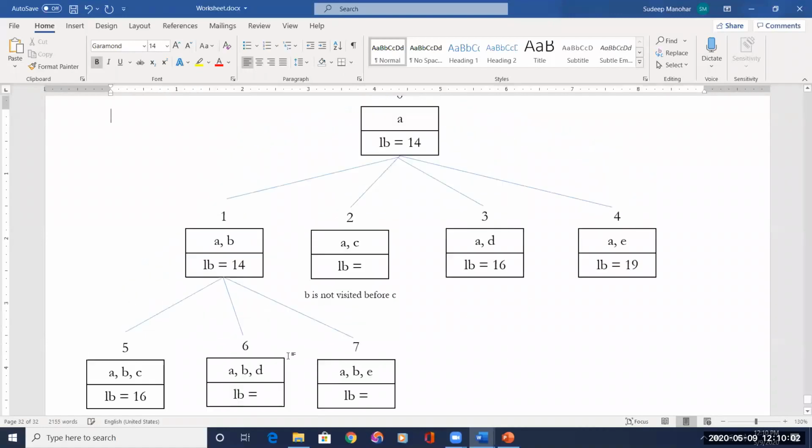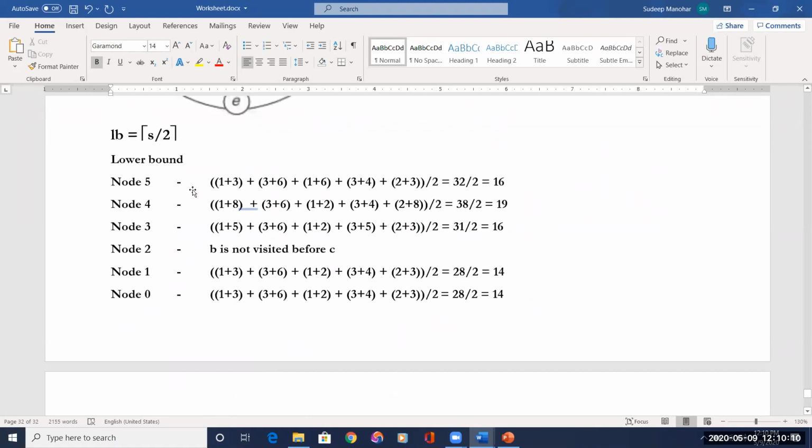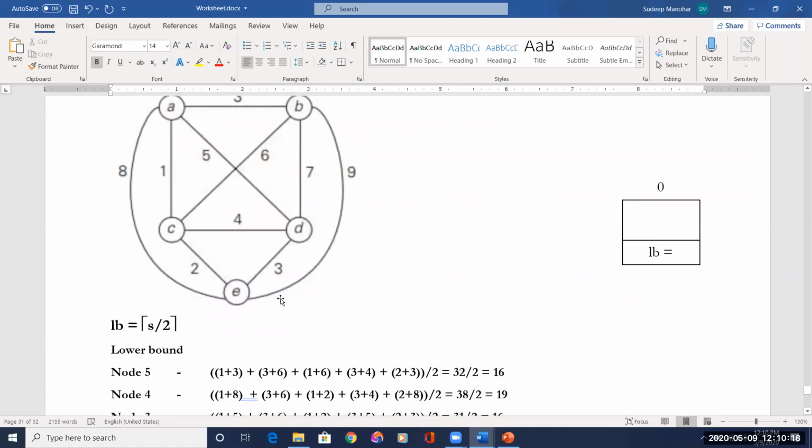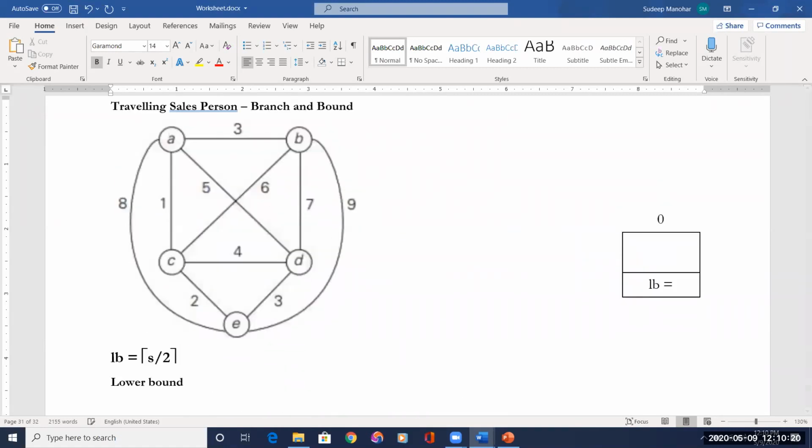Okay. Next, node number 6. You have to consider A to B, B to D. Remember this, A to B, B to D. That means this edge, A to B and B to D. So this one you are supposed to consider. 3 and 7 is compulsion in the calculation. Node 6.